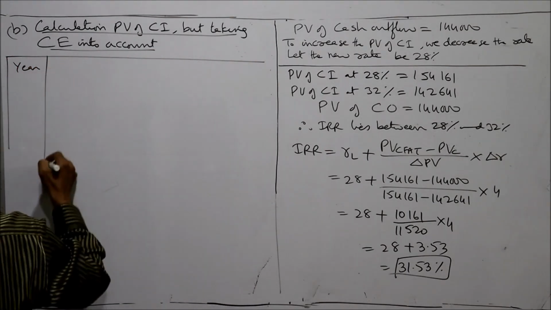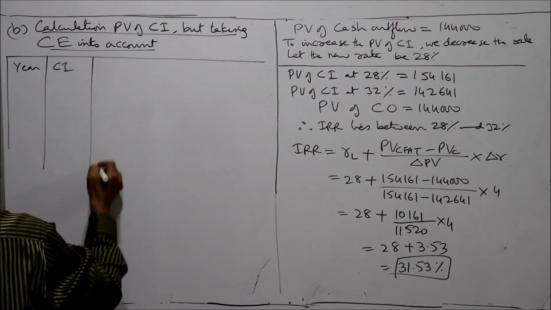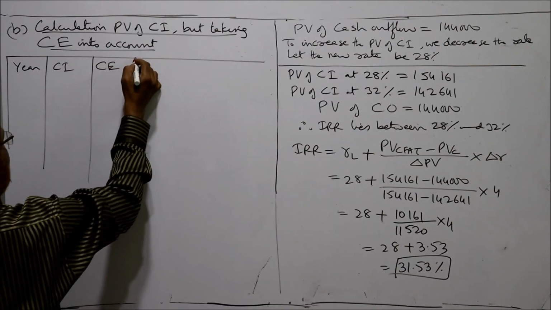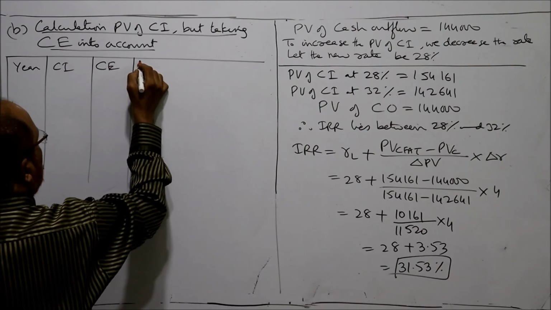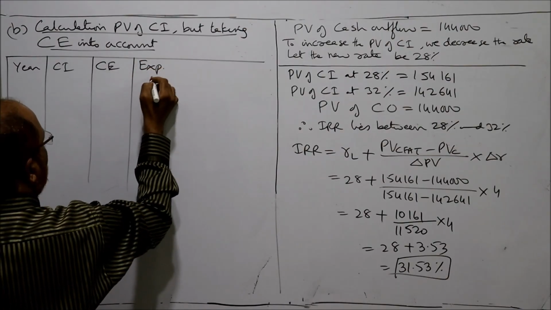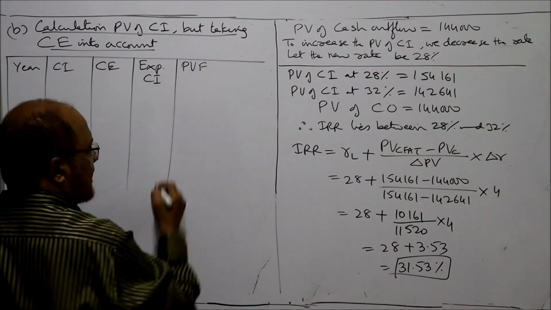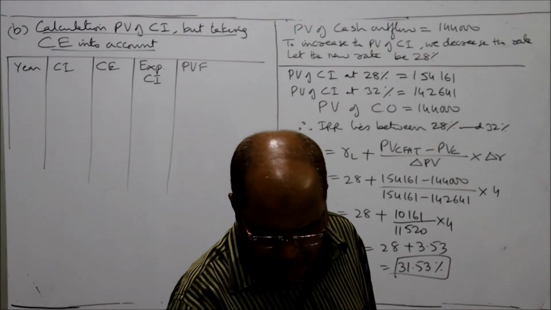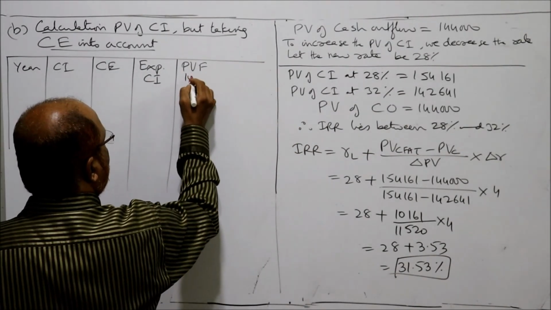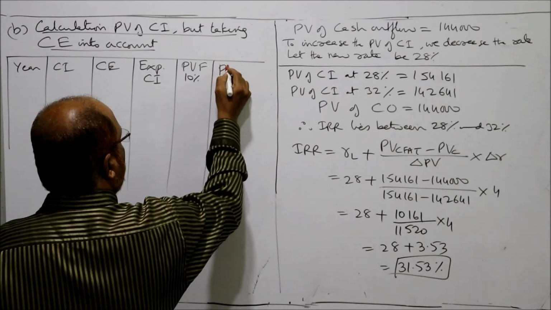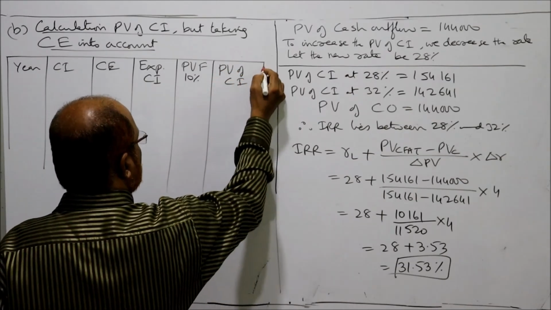Year, cash inflow, CE factors, then expected cash inflow, PV factors at the rate of discount given in the problem, which is 10%, and PV of cash inflow.